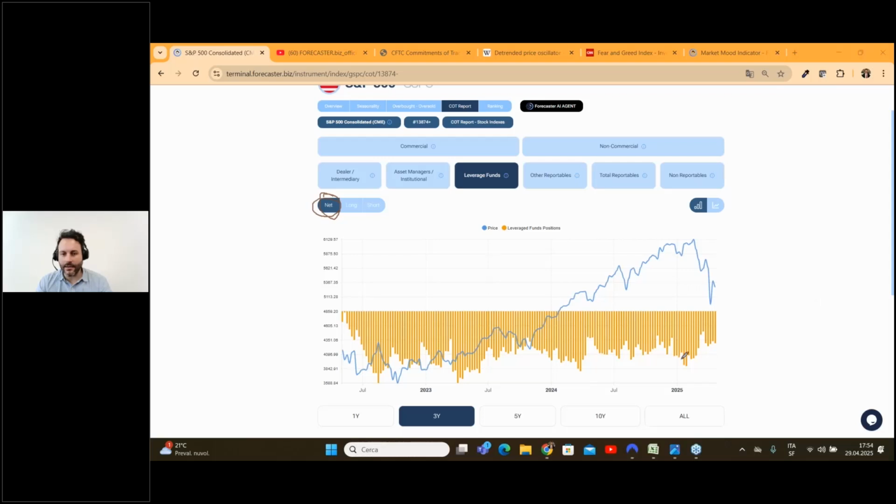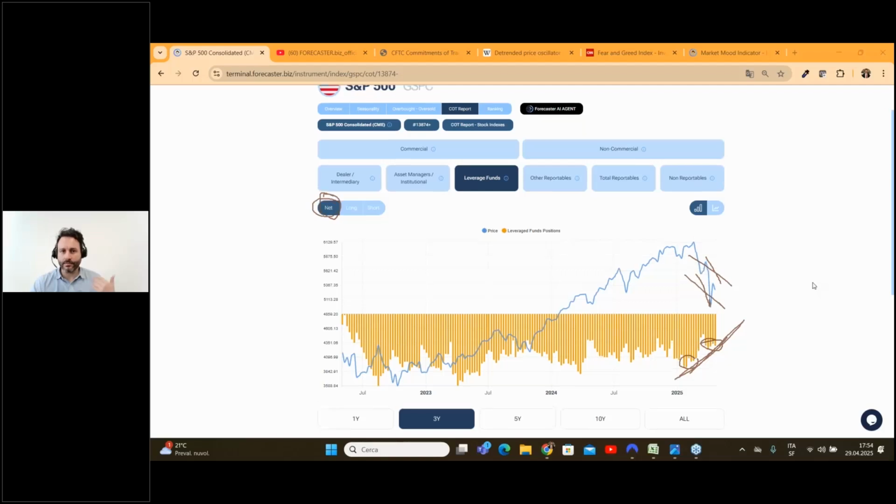What we can see here is something really interesting because during the last drop in prices, hedge funds closed a lot of short positions. And this is something really interesting because as you can see, we have a very strong divergence in this case. And this is another analysis on another layer in the Forecaster that tells us that probably we are on a very important low for the S&P 500, okay?